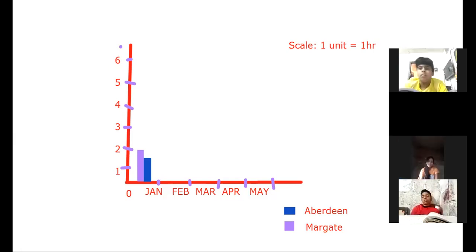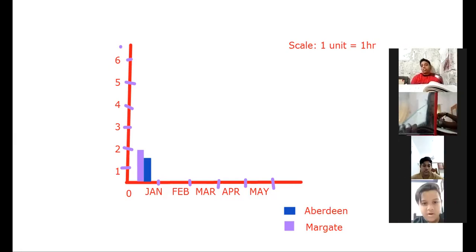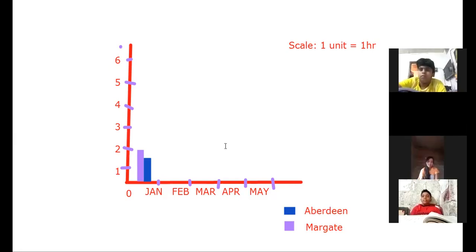It should be in between 3 and 4, and we can mark the point like this. It may be about here. So we can draw it like this.